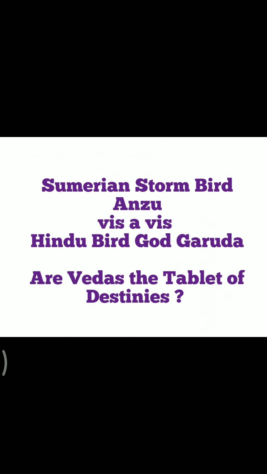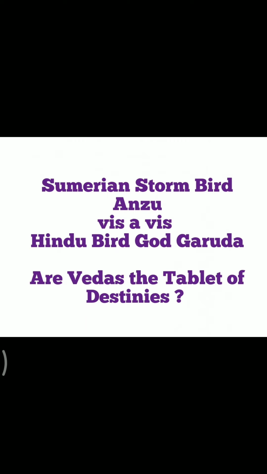So I think these two could be one and the same. The tablet of destinies of the Sumerians could as well be the Vedas in Hindu mythology. That is, in fact, my opinion, but I'm not sure.